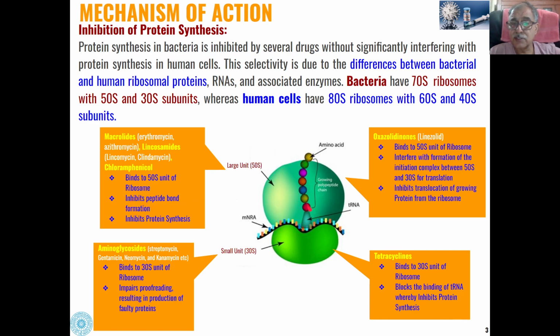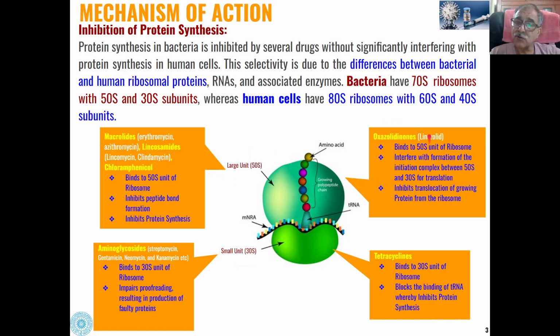The polypeptide chain can grow only with the formation of peptide bonds, and these antibacterial agents inhibit the formation of the peptide bond. Therefore protein synthesis will be inhibited. This is how these types of antibacterial agents act.